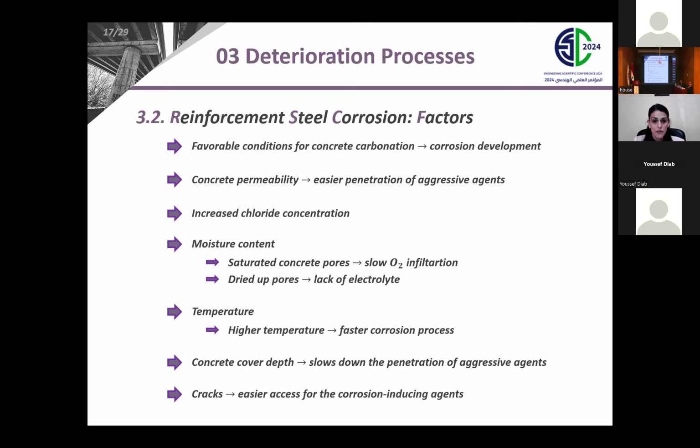In addition, the higher concrete permeability and water content makes it easier for aggressive agents to penetrate the concrete microstructure and thus speed up the corrosion. The same applies for higher chloride concentration. Other factors affecting the corrosion include moisture content, temperature, concrete cover depth, and the presence of cracks.